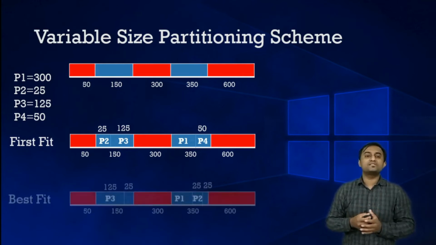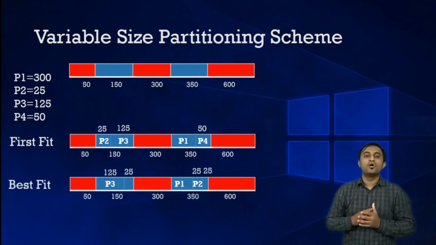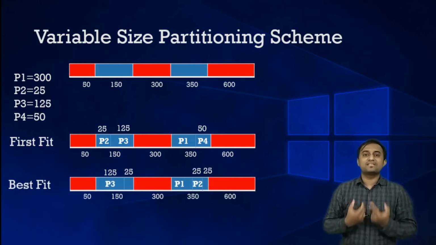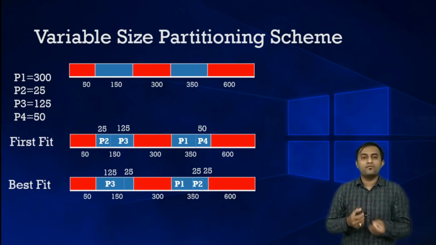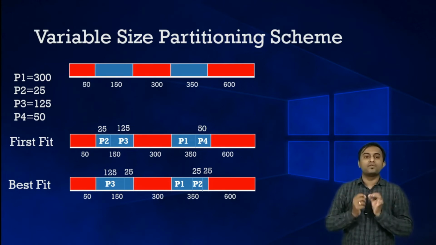Now the next one is the best fit algorithm. What does it mean and how does it work? Best fit, in the case of a variable size partitioning scheme, means the partition can be further reused. So instead of accommodating the first capable enough block, how will the best fit algorithm work?